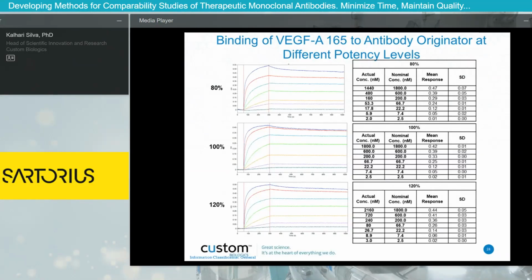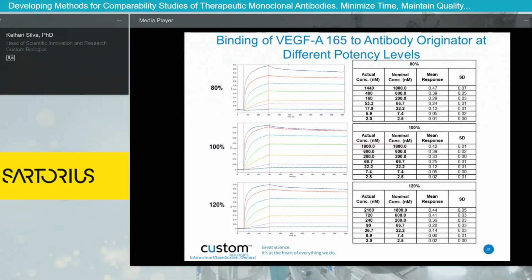But if you prepare an 80% potent sample, where the actual concentration ranges from 1440 to 2, that is the first sensorgram and the first table, the mean responses from triplicate studies were recorded and the standard deviation was recorded as well. And then when you prepare a 120% potent sample, the mean responses from triplicate measurements were recorded.